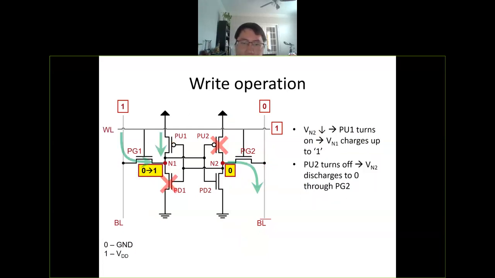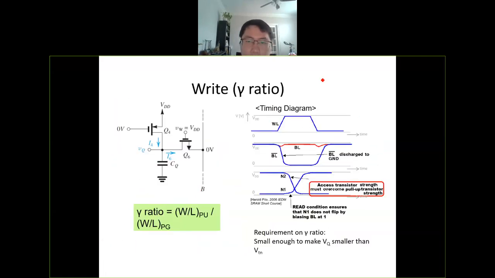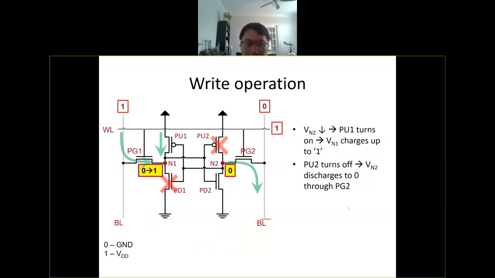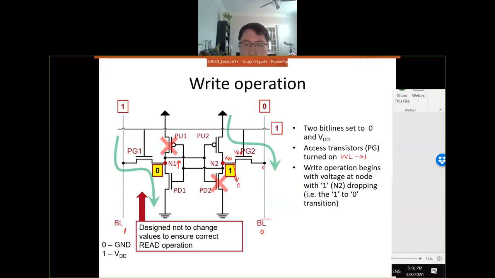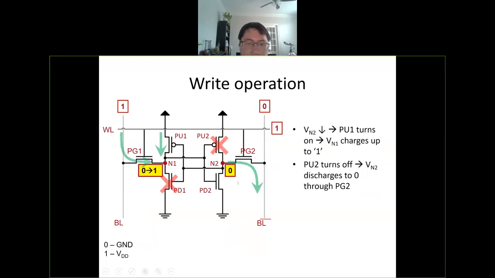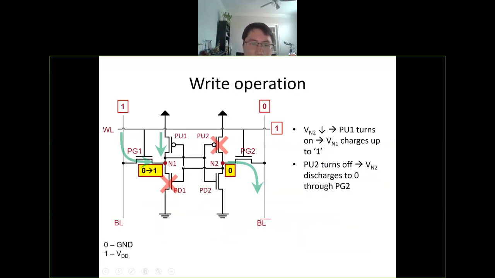What does that mean? That means if you look at the N2 node, if N2 changes from VDD to 0, if this changes to 0 already, you look at the left-hand side. Why is this supposed to change? This 0 actually controls the gate of the PU1. So the PMOS will be turned on.